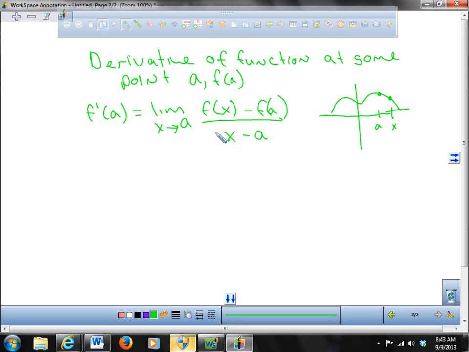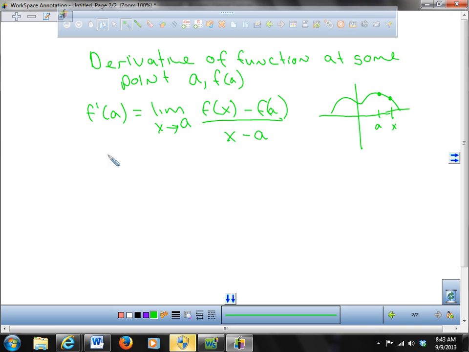Because this is f of x, this is the y, f of A is the y, x minus A is what we called the h before. But sometimes this definition is better when you have funky looking functions. You could use the other one, but this one will work for functions like this.